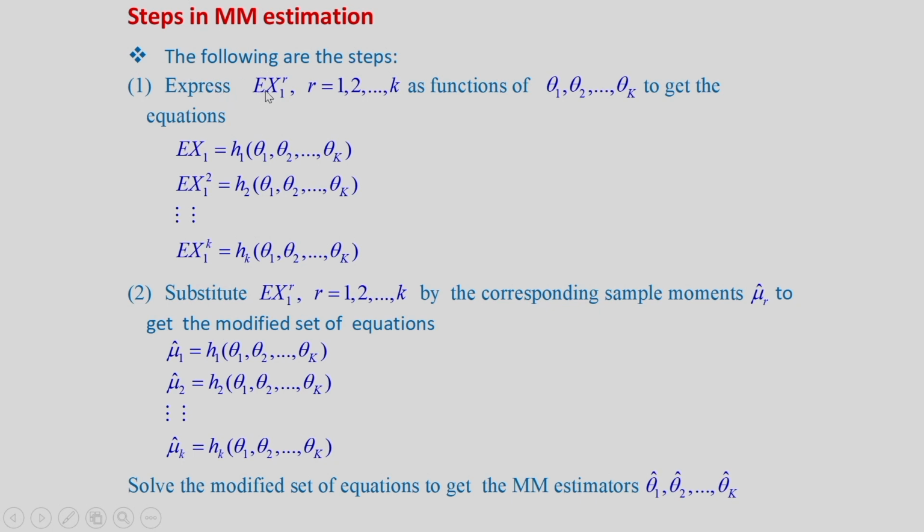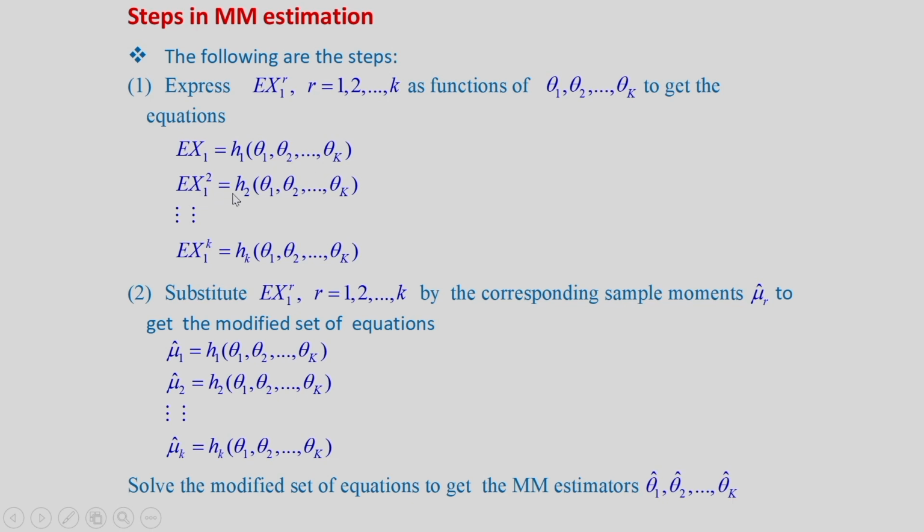First, you express E of x1 to the power r, for r equal to 1 up to k, as a function of theta 1, theta 2 up to theta k to get the equations. So E of x1 is equal to some function of theta 1, theta 2 up to theta k. So we write E of x1 is equal to h1 of theta 1, theta 2 up to theta k.